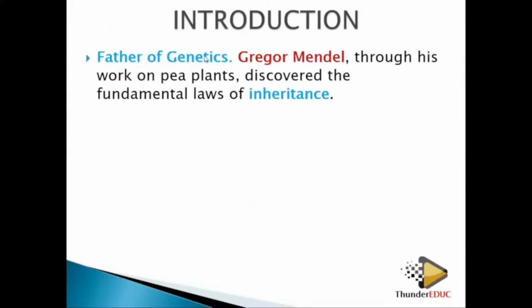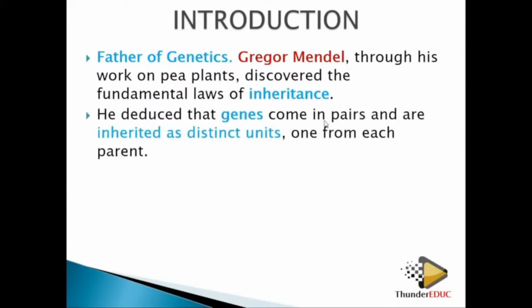Father of genetics. When we talk about father of genetics, we are talking about Gregor Mendel. He did a lot of work on inheritance, and he discovered a law which we call law of inheritance. He concluded that genes come in pairs, for example, height is being controlled by two parts of genes.